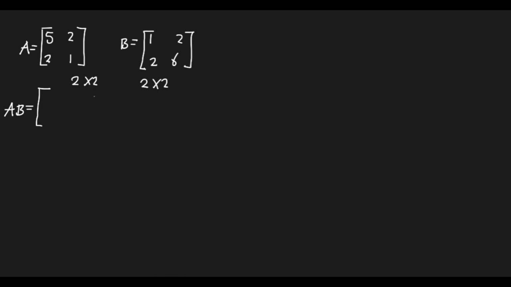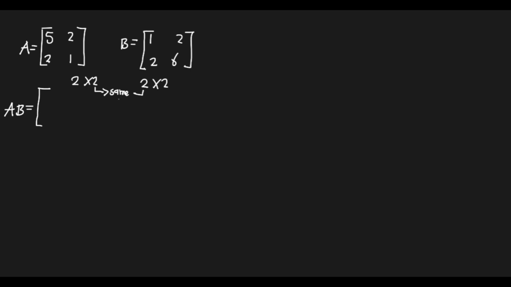So for you to multiply two matrices, these two numbers must be the same. The number of columns in the first matrix must be equal to the number of rows in the second matrix for you to use the multiplication principle.